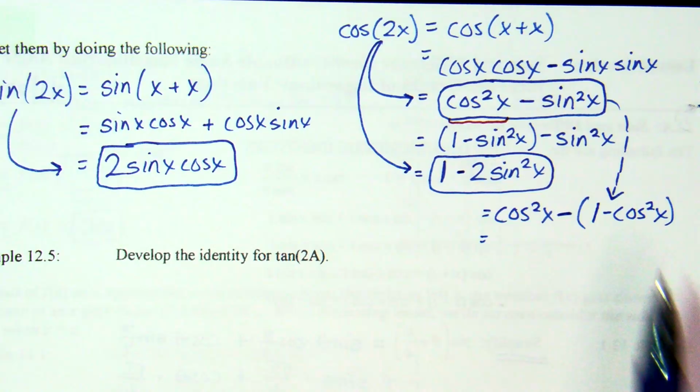One minus cosine squared x. Clean that up. I have cosine squared x minus negative cosine squared x, which makes this 2 cosine squared x minus 1. So that is your third one there.